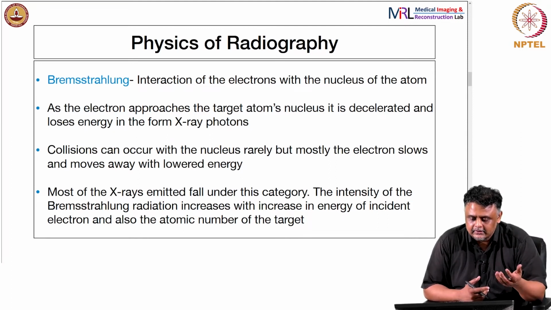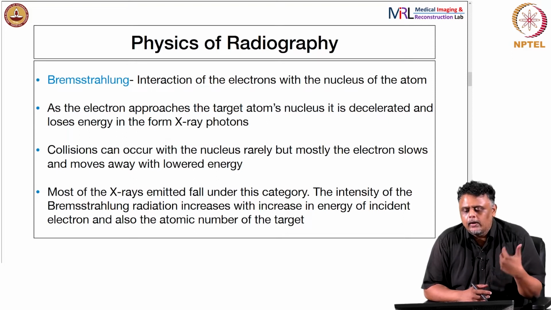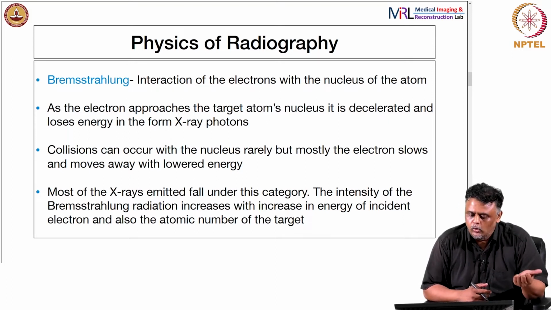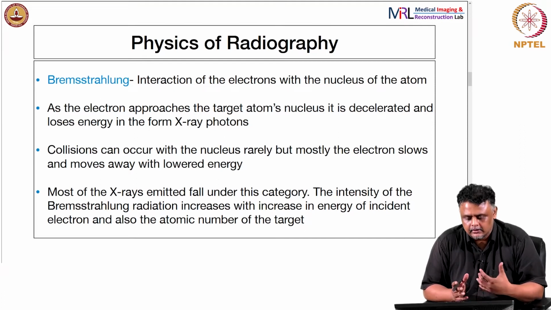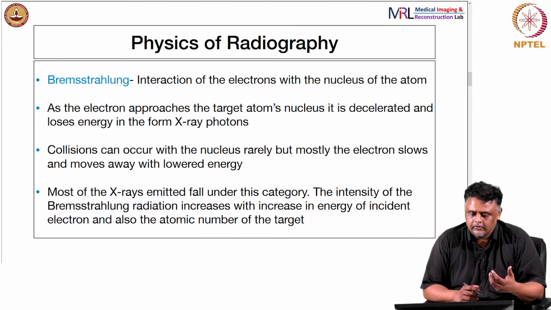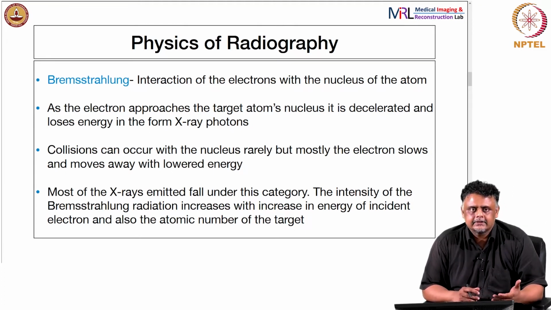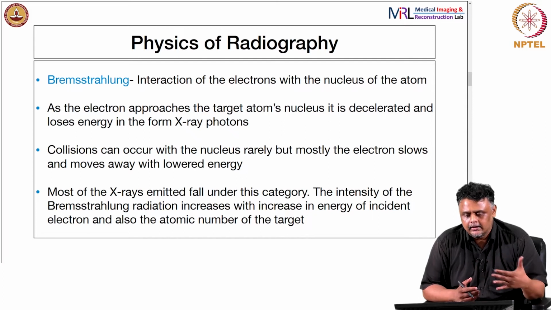Some collisions can happen, but these are rare. Most electrons are slowed down, and they do move away from the atom, but with lowered energy. There are theories, and experimentation also shows, that when a charged particle is decelerated or accelerated, there is a loss of energy in the form of radiation, which is what we observe with the rest of the spectrum.